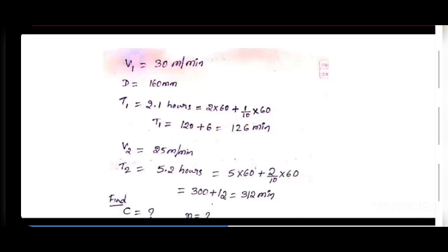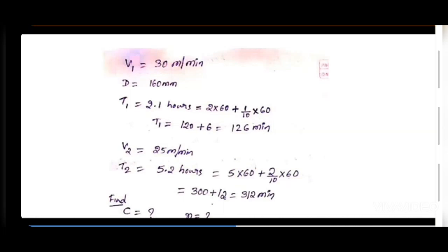That is 126 minutes. They also say that when the cutting speed is reduced to 25 meter per minute, the tool life is observed as 5.2 hours. So 5.2 hours can be written as 5 into 60 plus 2 divided by 10 into 60. 5 into 60 is 300, and 2 by 10 into 60 is 12. So 312 minutes.